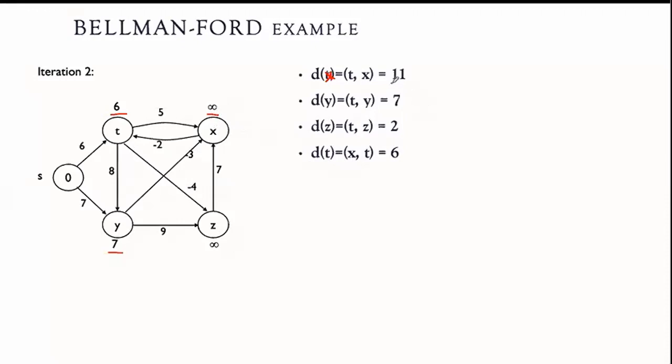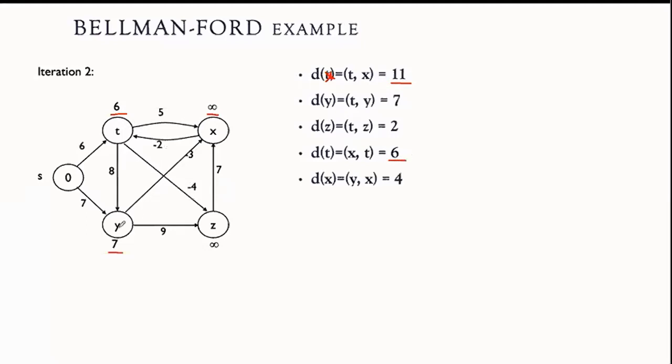Okay, x value was 11 here. 11 minus 2 is 9. But 9 is less than 6, so we will keep it as 6, the previous distance itself.